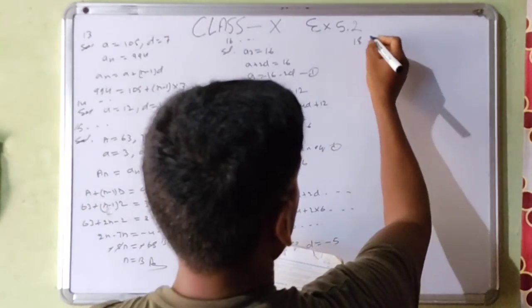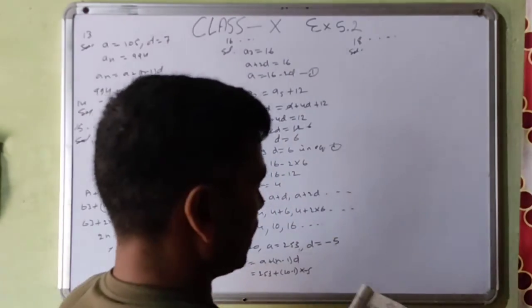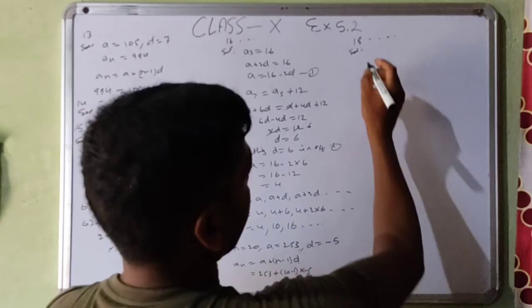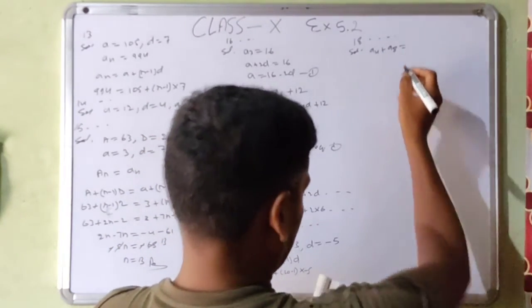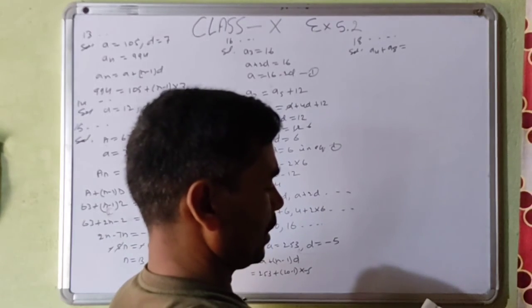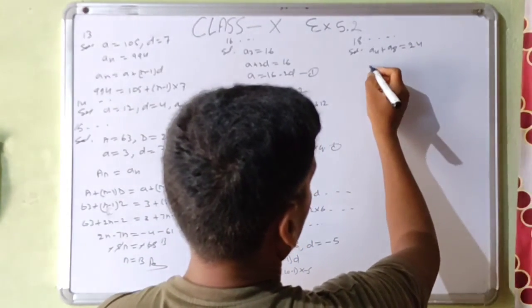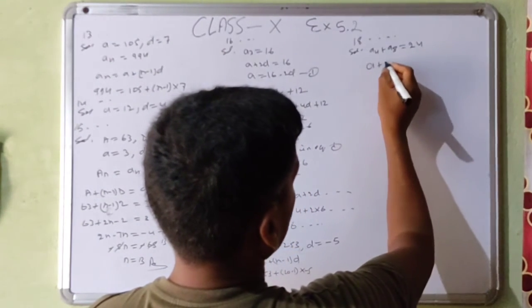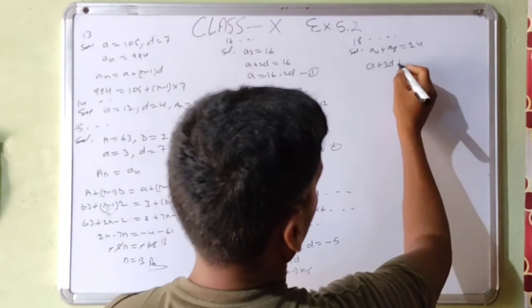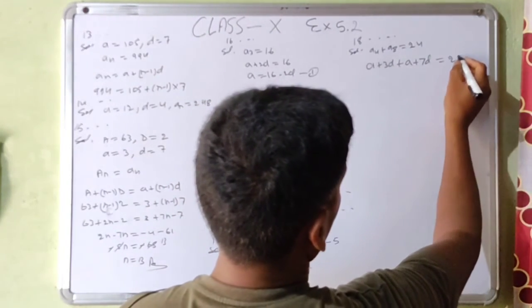18th question, solution. The sum of the 4th and 8th term, A4 plus A8, is equal to 24. So A plus 3D plus A plus 7D is equal to 24.